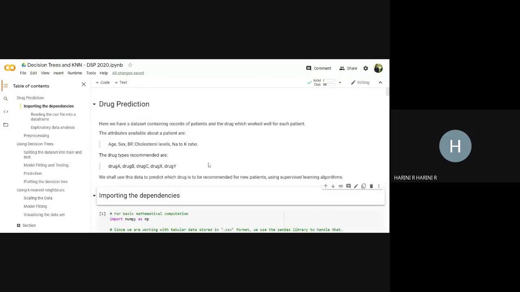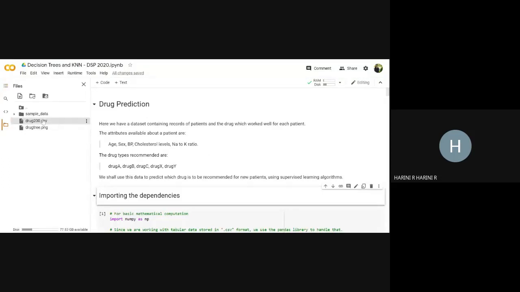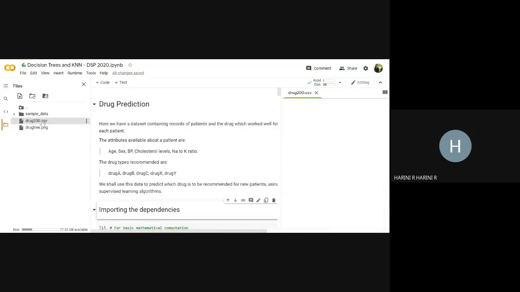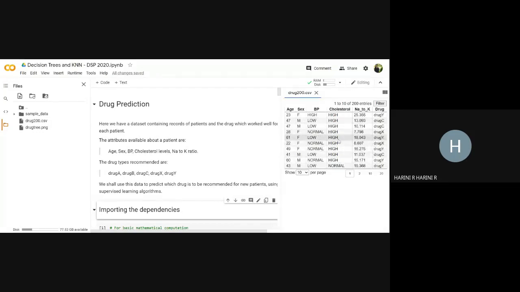So to state this problem again for clarity, we have a data set in this .csv file. Just to show you how it looks, you can open this in Excel also to visualize. So we have some patient records.